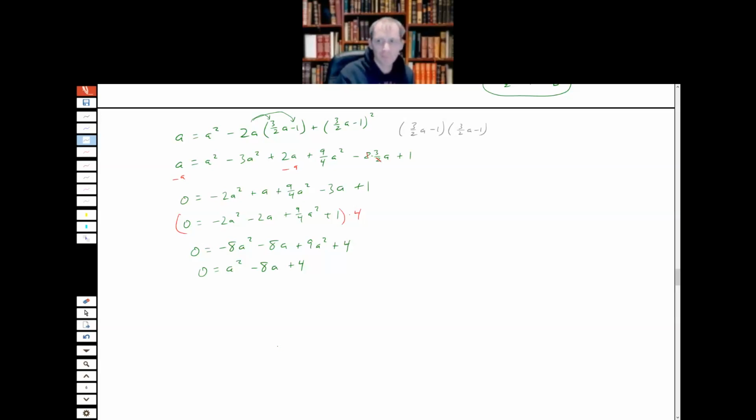If you like, you can change the variable. Instead of talking about a squared, you can just write it as x squared to do the quadratic formula, if that would be less confusing. Okay, and we'll just come back to a at the end. So if you want to, you could say, okay, I want to solve x squared minus 8x plus 4 equals 0 using the quadratic formula.